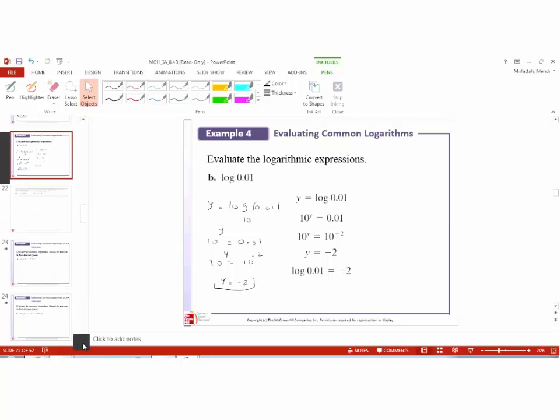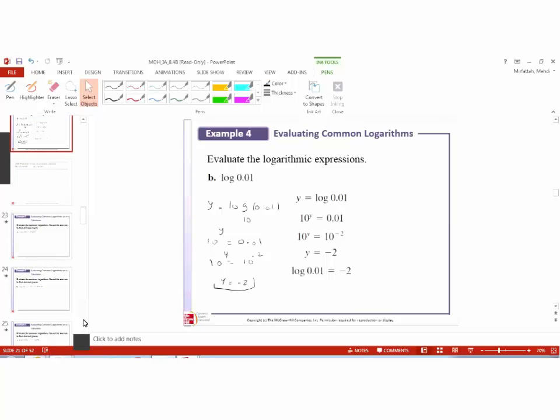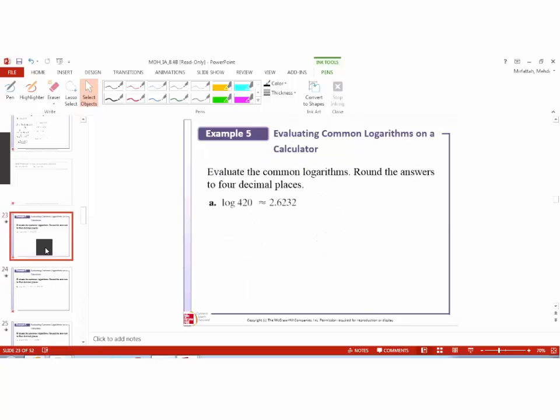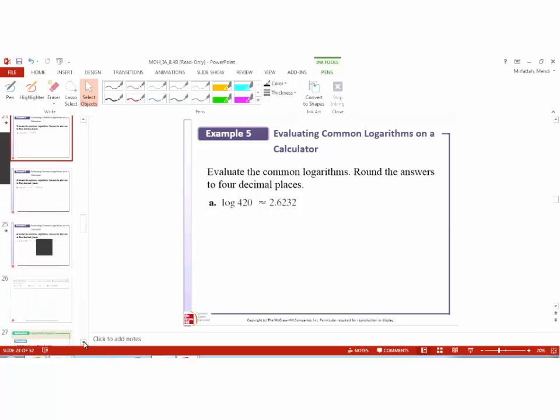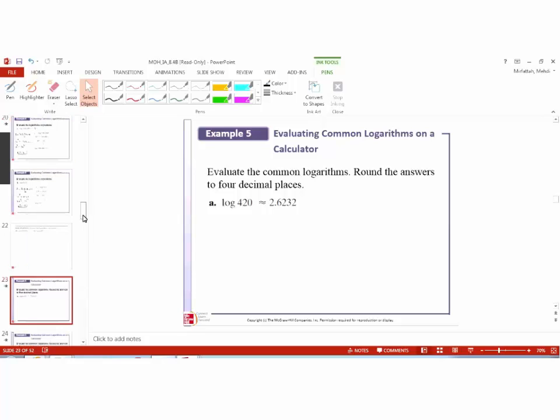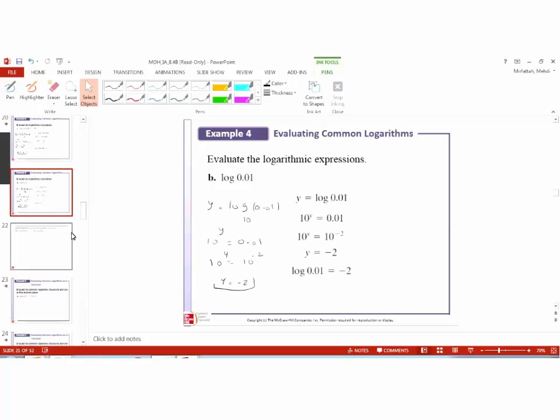Question, anyone? You can always use your calculator to find the approximate value for these logarithms. Just enter the number 420, and then you enter the function log. Caitlin asked if you could go back, Professor. Sure. Going back to this one. Okay.